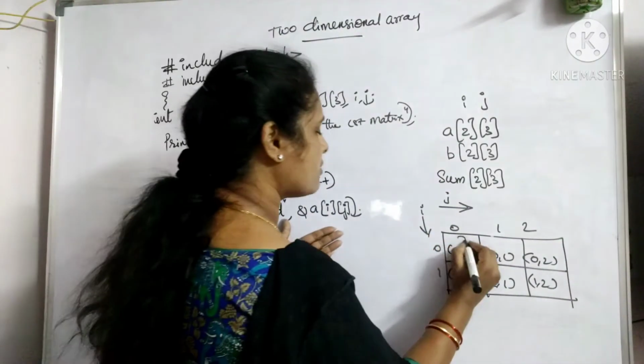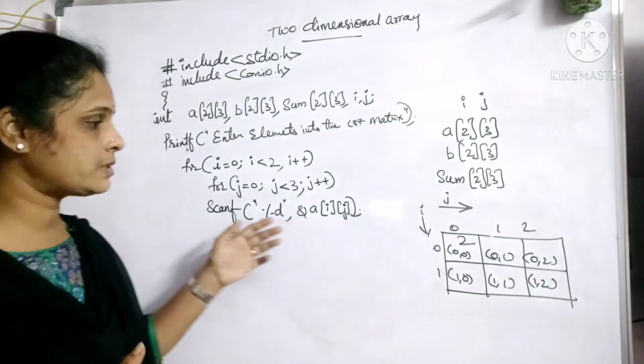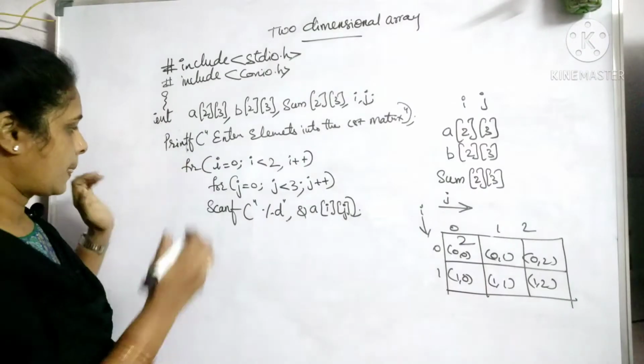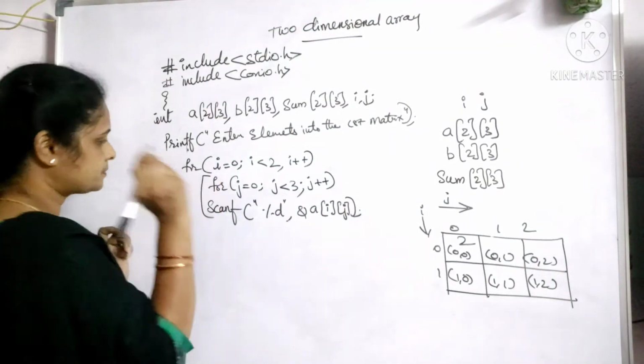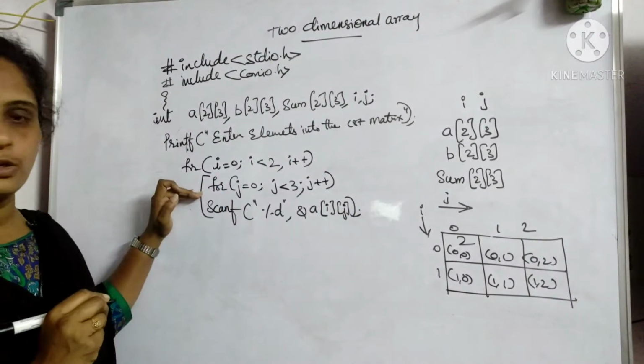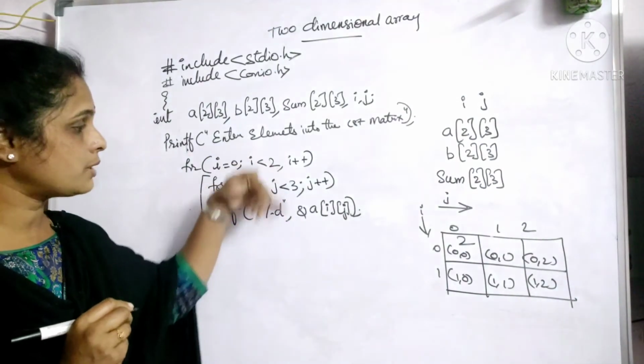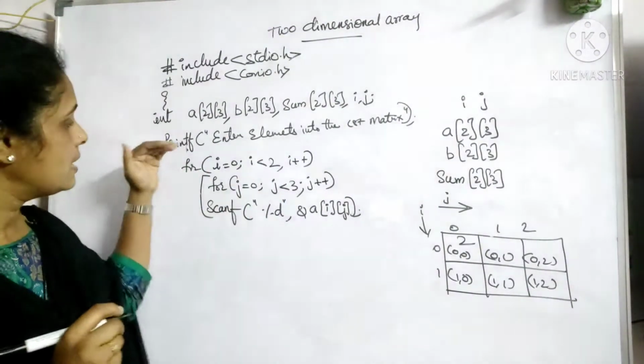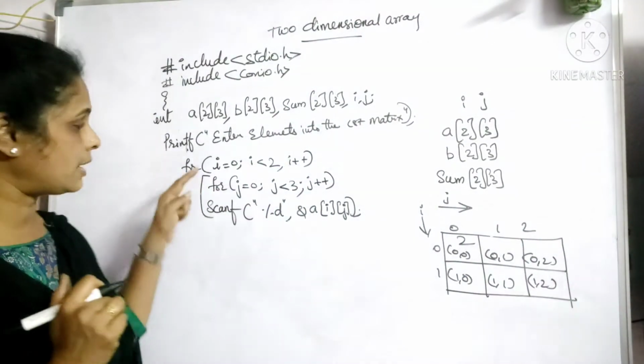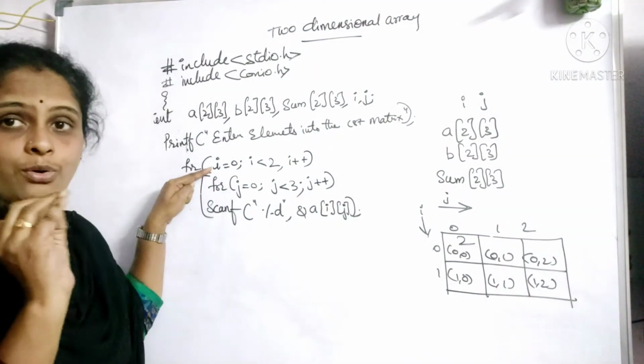Suppose I have entered 2. Fine, that is over. This is the outer loop, this is the inner loop. Still the condition is satisfied here, so it keeps on executing the inner loop only, keeping the outer loop unchanged. That means the value of I is still 0 only.